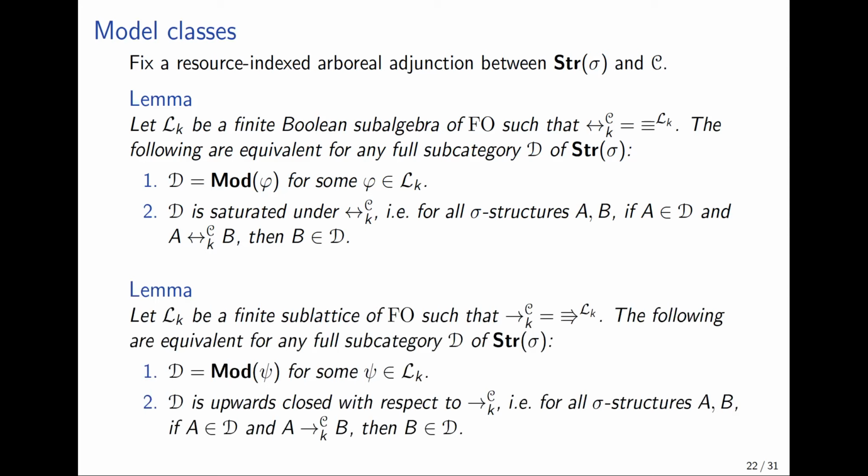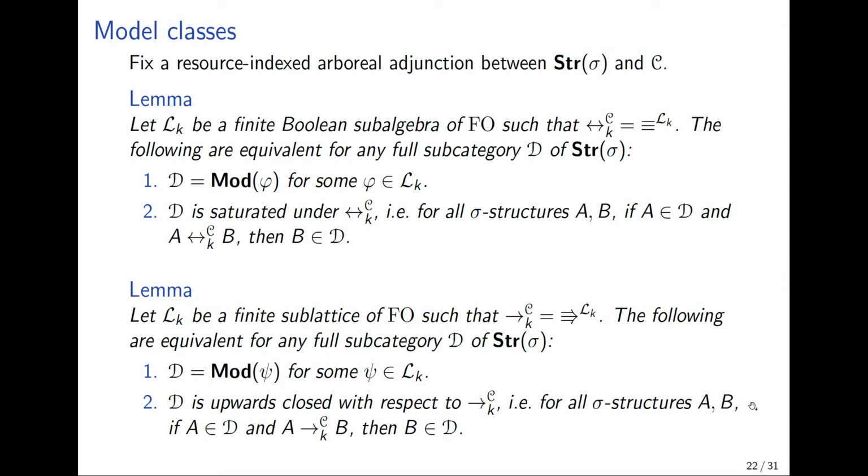So we drop complements, so we allow ourselves to consider, for instance, existential positive sentences and things like that. If the K-homomorphism relation corresponds to preservation of L_K, then a full subcategory D of sigma-structures is the model class of some sentence psi in L_K if and only if D is upwards closed with respect to K-homomorphism. And so this is just to justify the interest in saturation under K-bisimilarity and upward closure with respect to K-homomorphism.